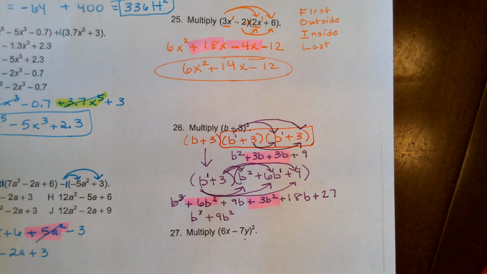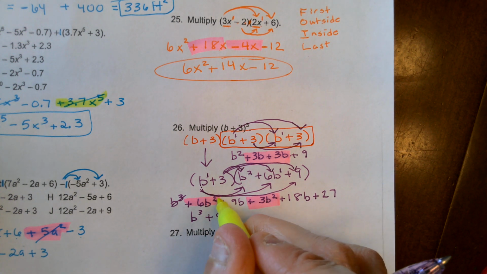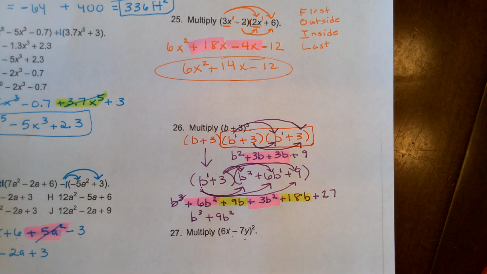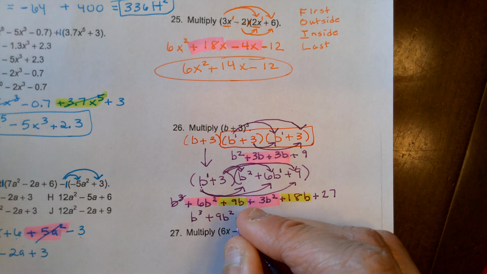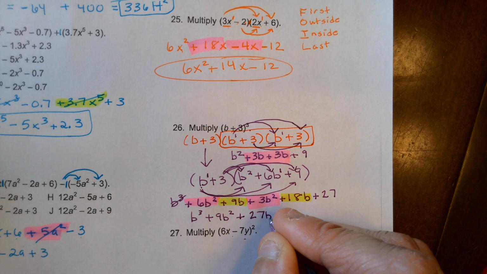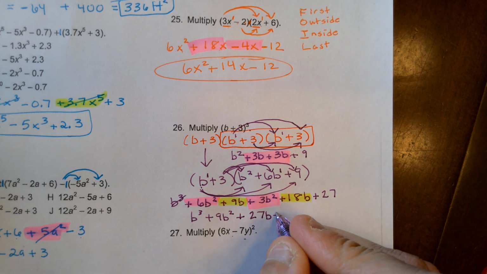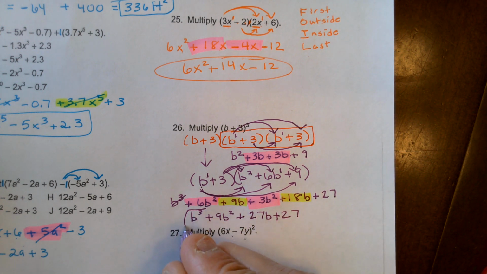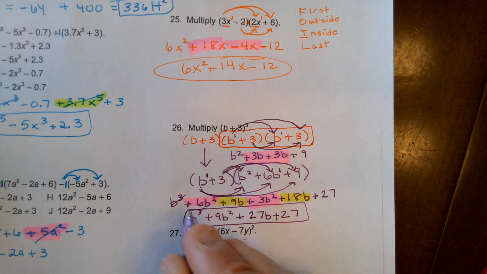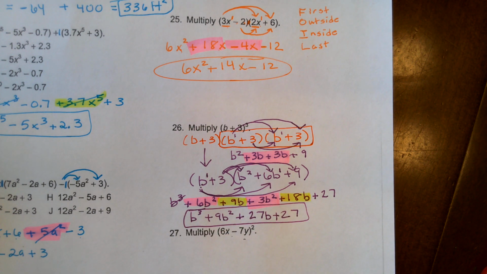And then I've got a plus 9b and a plus 18b. So that is a plus 27b. And then there's the plus 27 at the end. And there is your grand finale answer. As beautiful as that is. 3 cheers, yes. All right.